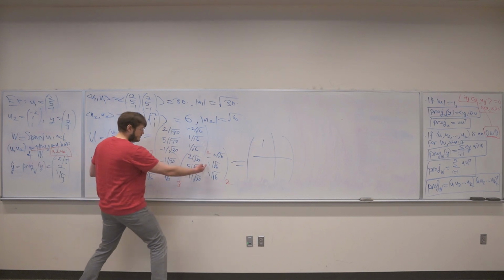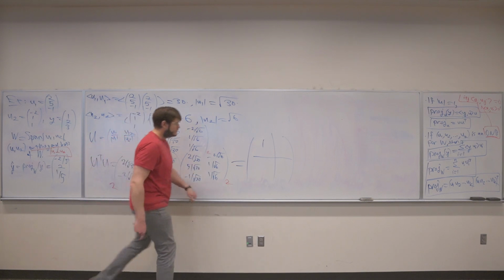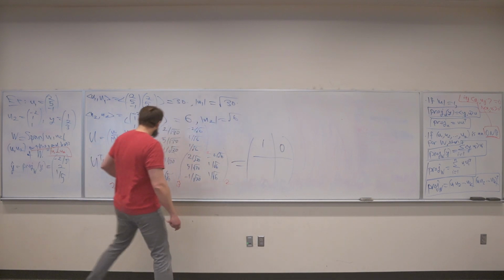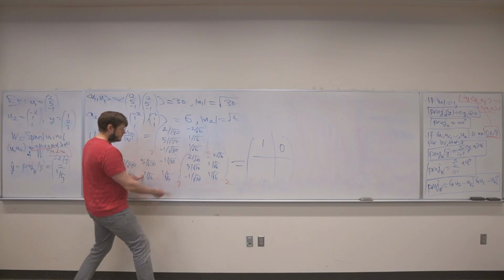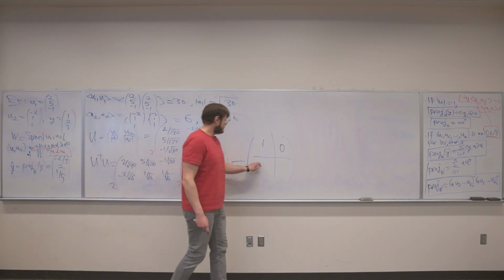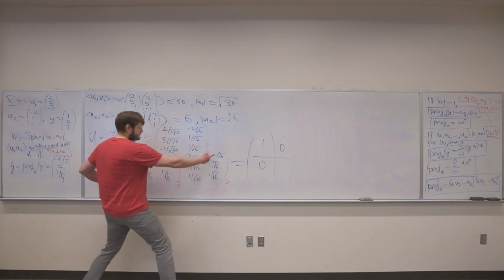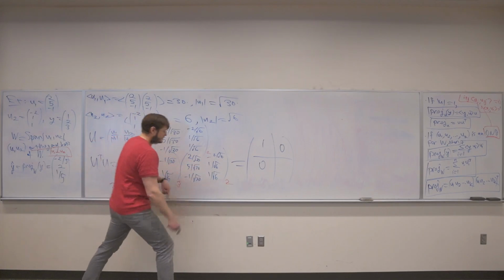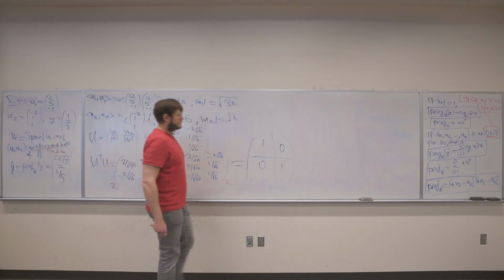Minus 4 plus 5 minus 1, 0. Minus 4 plus 1 plus 1 is 0. And 4 plus 1 plus 1 is 6 over 6, 1. Okay?